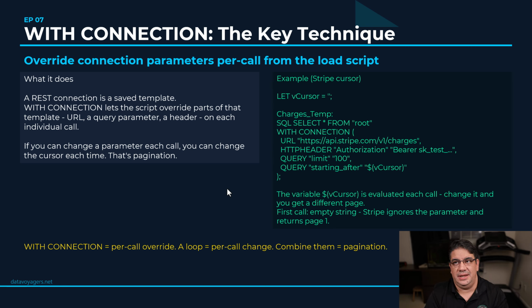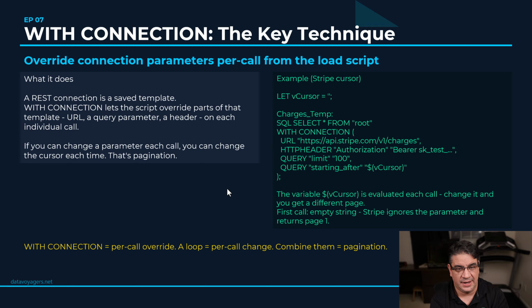Everything about pagination with the load script is about the with connection statement, so you have to learn how to use it. Remember, the with connection statement is where you can overwrite parameters.